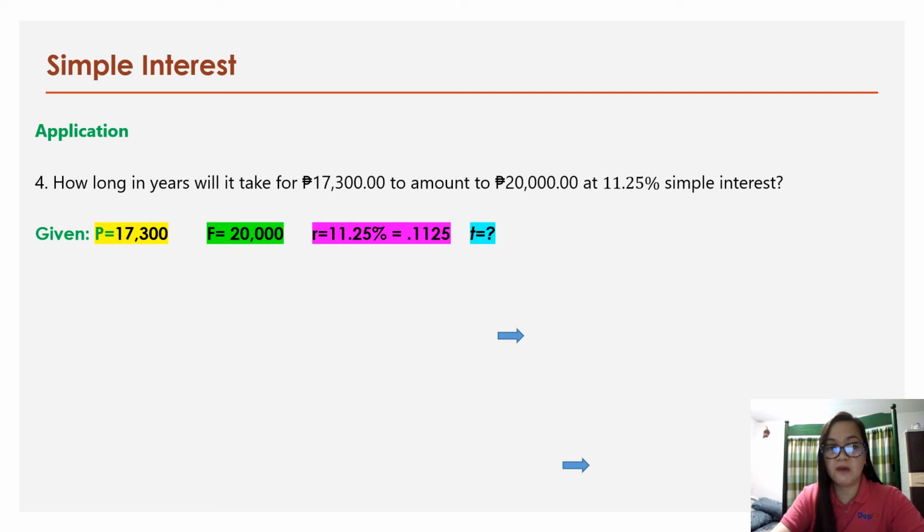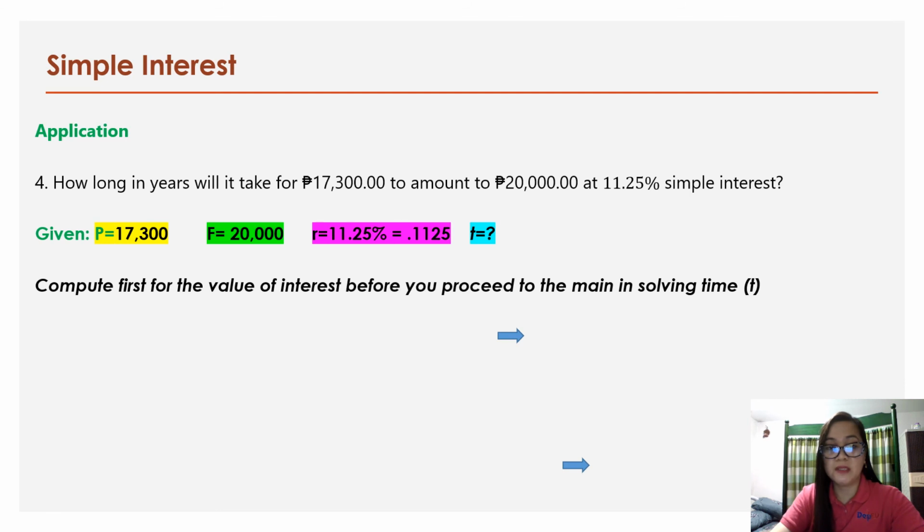That will now be our principal. F is 20,000 pesos. Rate is 11.25%, or that will be converted to decimal form. It will become 0.1125, and time is unknown. By this term, how long? This is now the clue. That is why T is unknown.